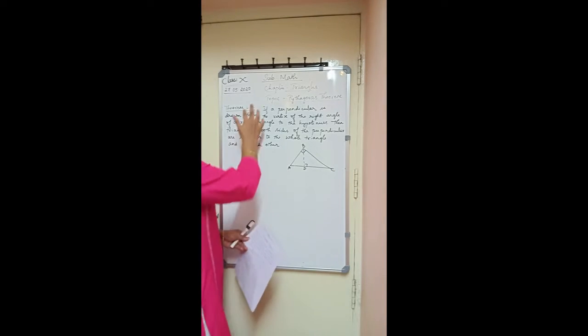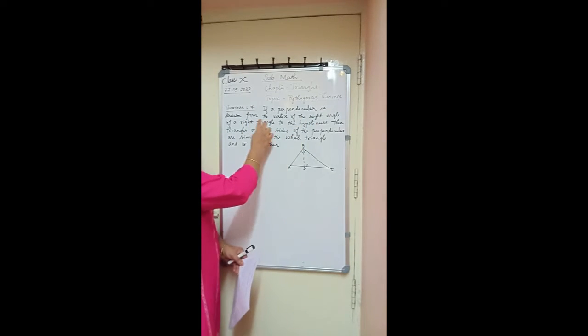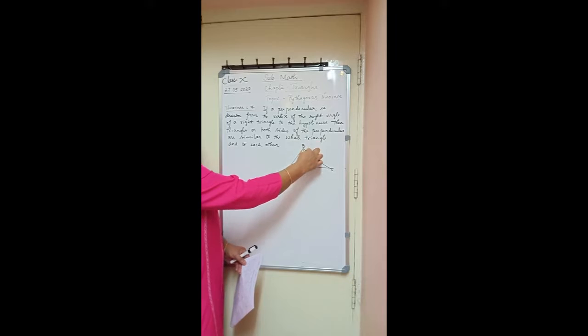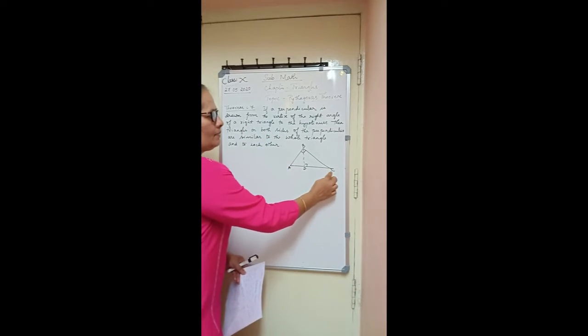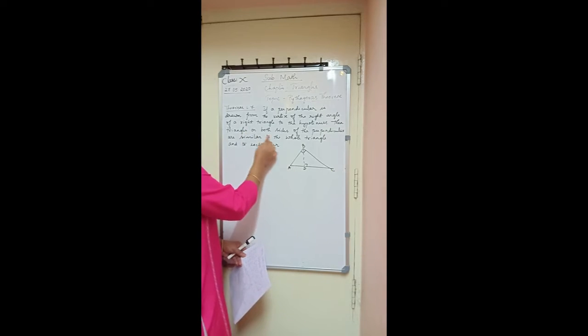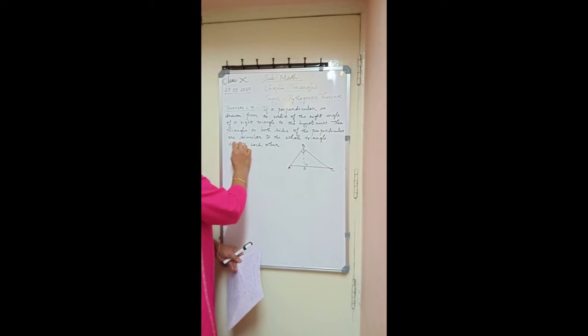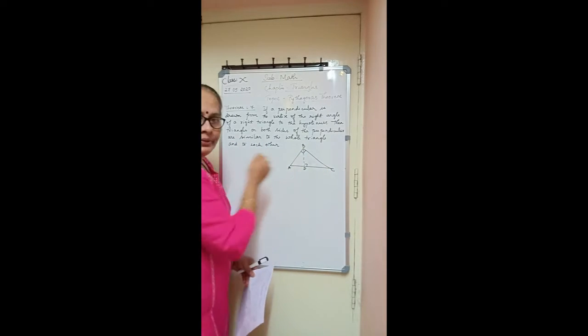Pythagoras theorem 6.7 states that if a perpendicular is drawn from the vertex of the right angle of a right triangle to the hypotenuse, AC is the hypotenuse, then the triangles on both sides of the perpendicular are similar to the whole triangle and to each other.